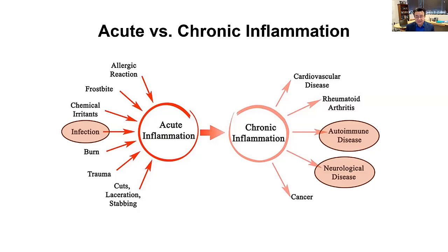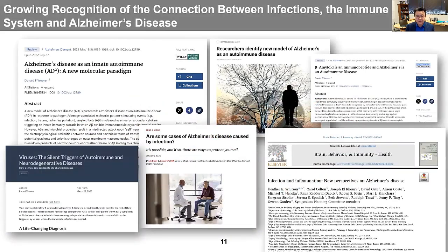In fact, if you've seen more recent articles, you'll find there's a growing recognition of the connection between infections, the immune system, and Alzheimer's disease, dementia, and other neurologic disorders.